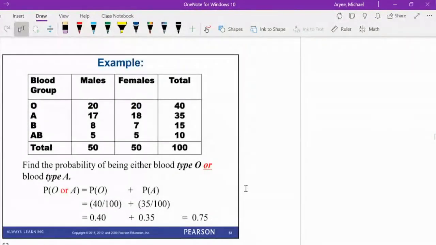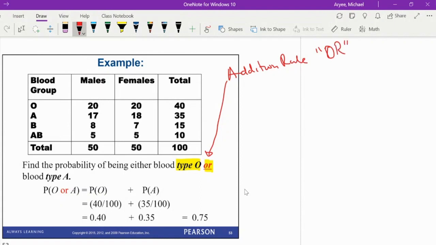All right, so let's look at this question carefully. Now, the question says type O or A. The moment we see "or", we are dealing with the addition rule. Addition rule, we said, comes with a key phrase "or".